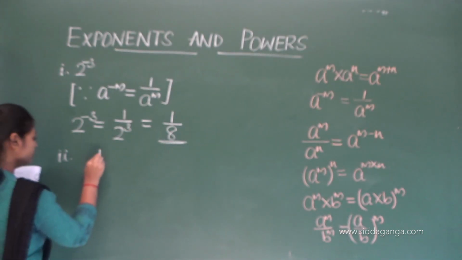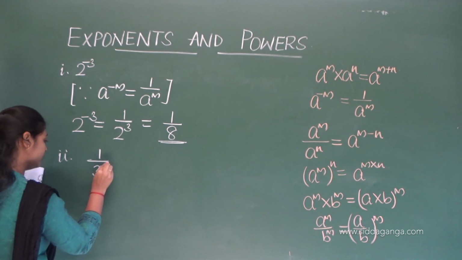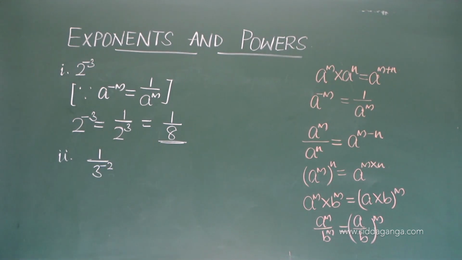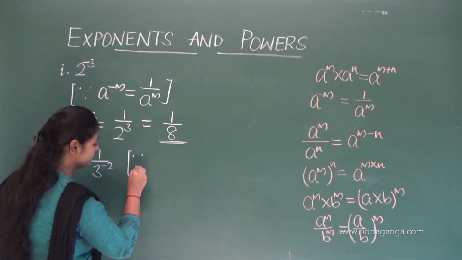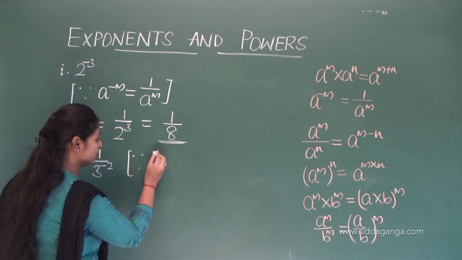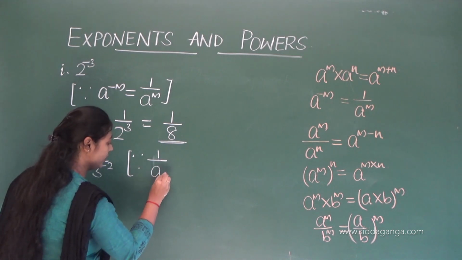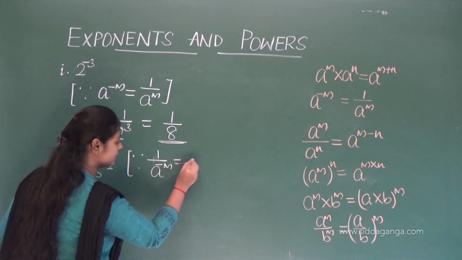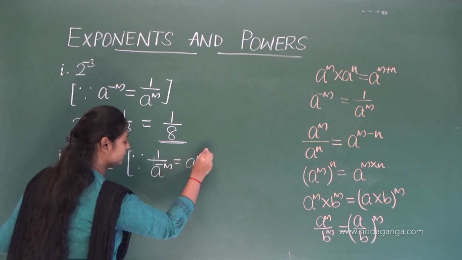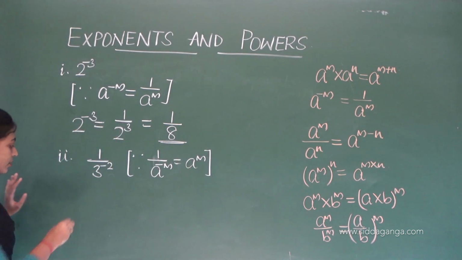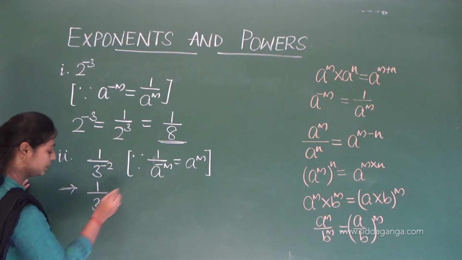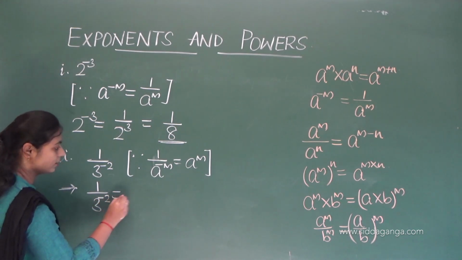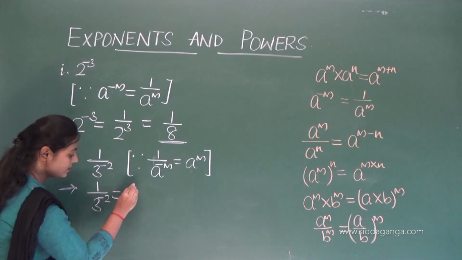Next one, 1 divided by 3 to the power of minus 2. Since 1 divided by a raised to minus m is equal to a to the power of m, we can write this as 1 divided by 3 to the power of minus 2 is equal to 3 square.